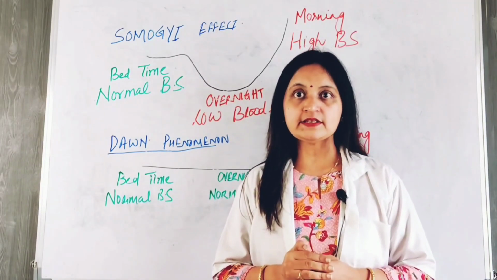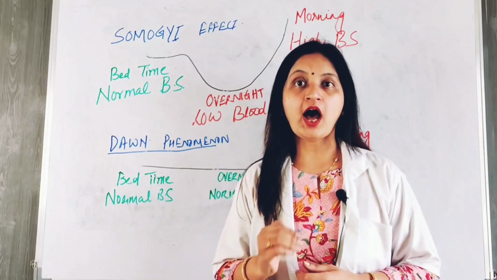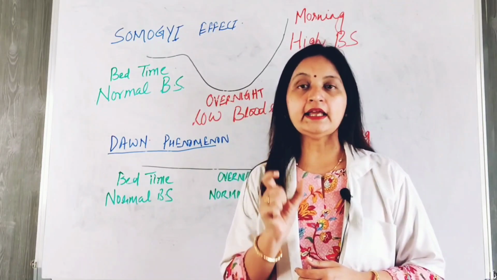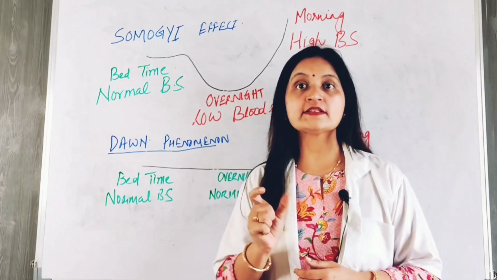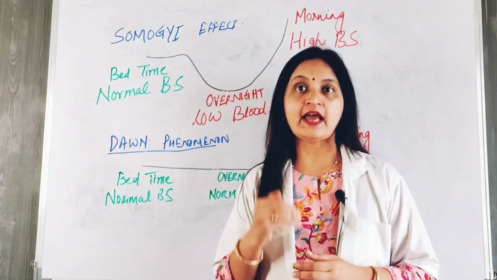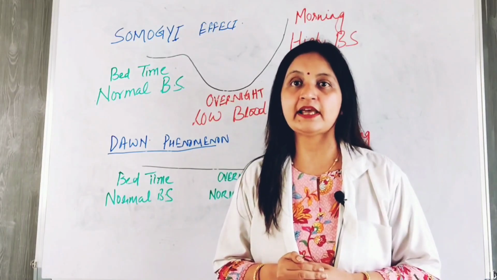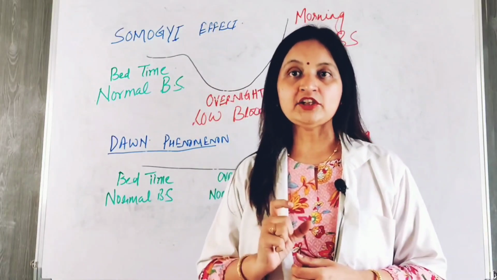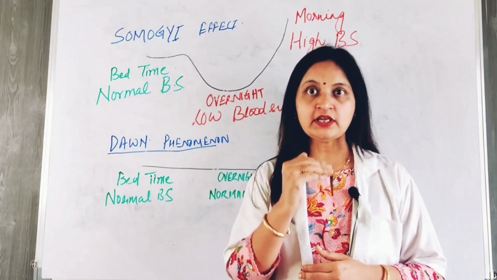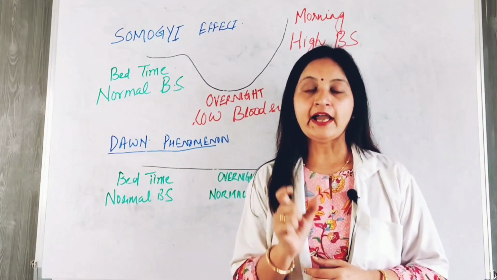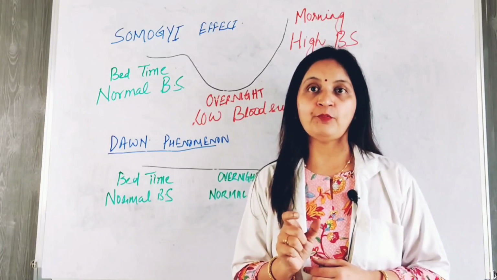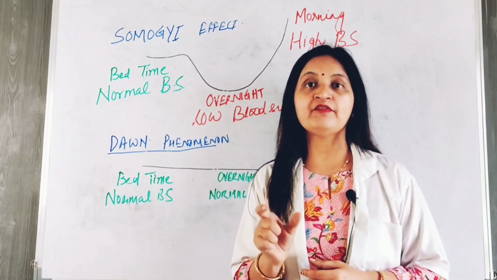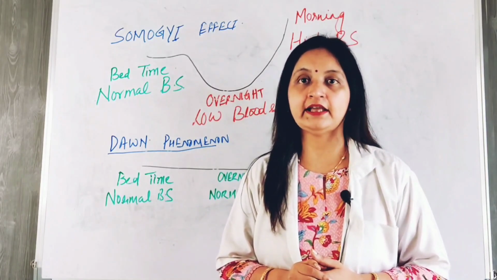If you look at the causes, Somogyi effect is due to high insulin doses and insufficient food intake causing hypoglycemic stress, which in turn triggers hyperglycemia or high blood glucose level in the morning. So the management strategy is to reduce the insulin dose and ensure adequate food consumption before bedtime, and this helps to prevent hypoglycemia during the night time.